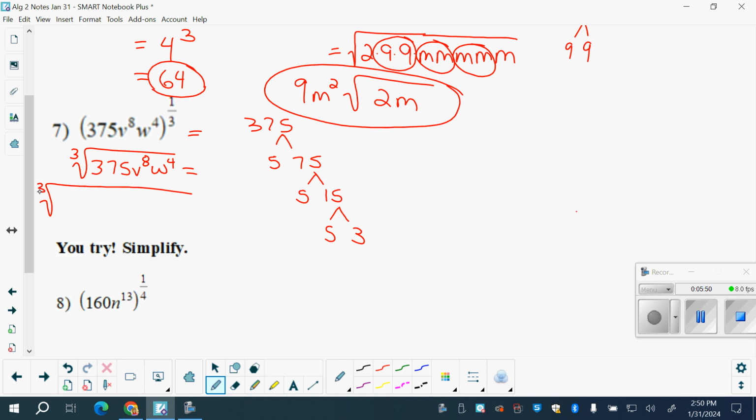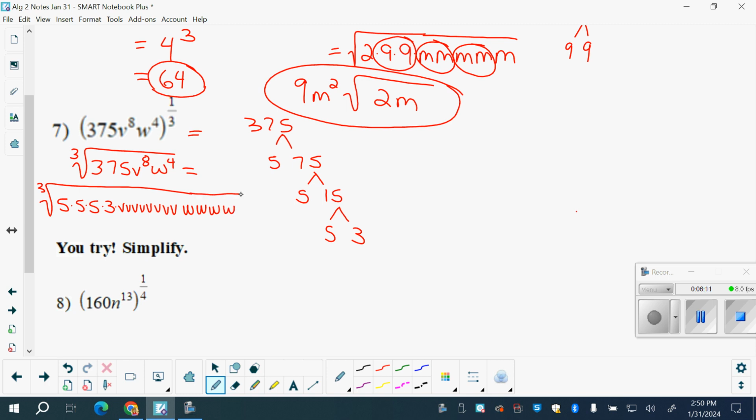So this is the same thing as the cube root of 5 times 5 times 5 times 3, and then 1, 2, 3, 4, 5, 6, 7, 8 V's and 1, 2, 3, 4 W's.